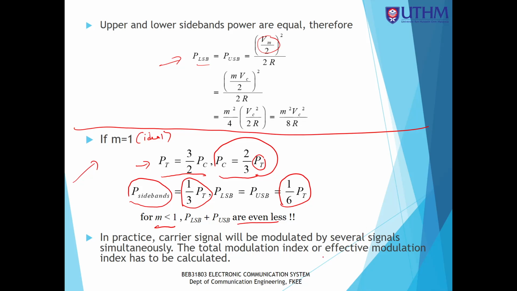The total modulation index or effective modulation index has to be calculated. Okay. So this is for single input message. So if you want to utilize the carrier, if you want to utilize the modulation process, we need to modulate with many inputs.